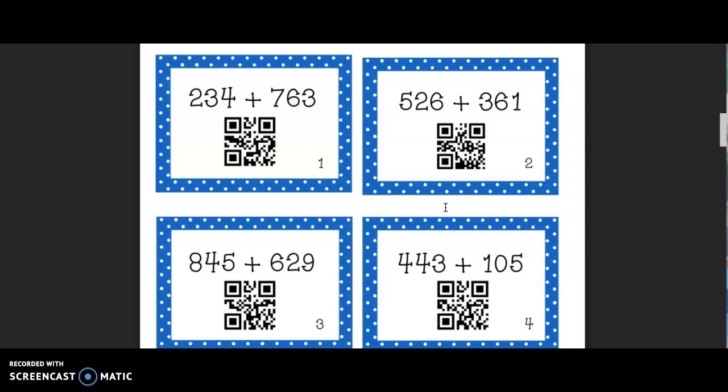So I know for the first number, 234, I have 200, so 200 goes on the first line. 30 goes on the second line, so 30, and 4 goes on that third line. Then for 763, I write 700 on the first line, so 700. 60 goes on the second line, so 60, and 3 goes on that last line.